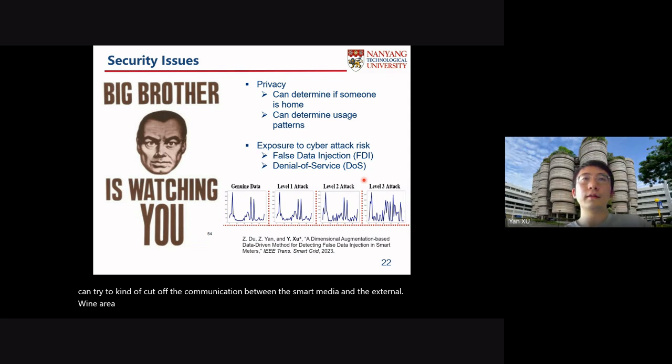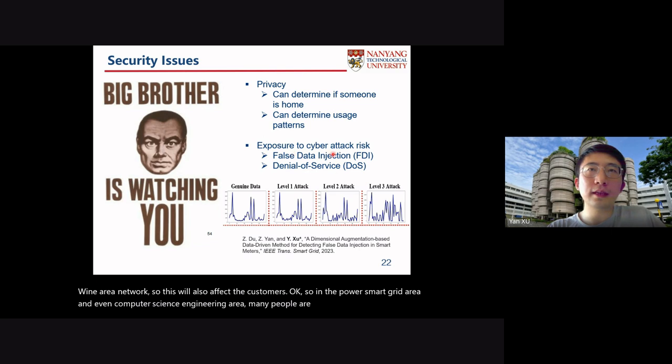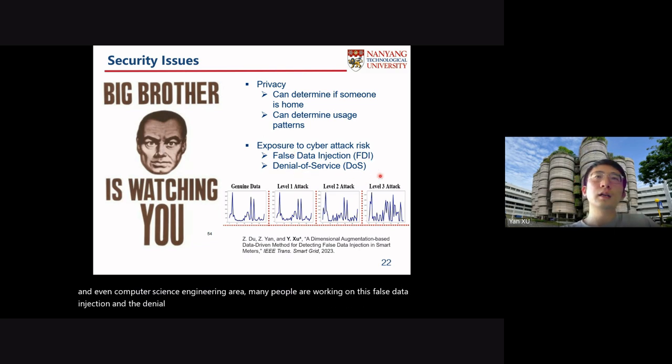So this will also affect the customers. In the power smart grid area and even the computer science engineering area, many people are working on false data injection and denial of service detection and defense.